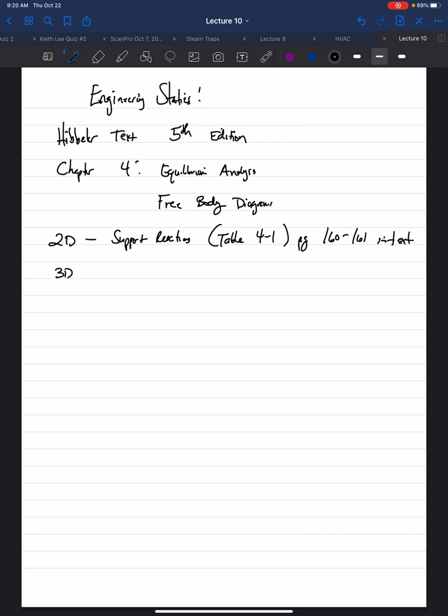And for 3D, we looked at table 4-2. This is page 186 through 187.